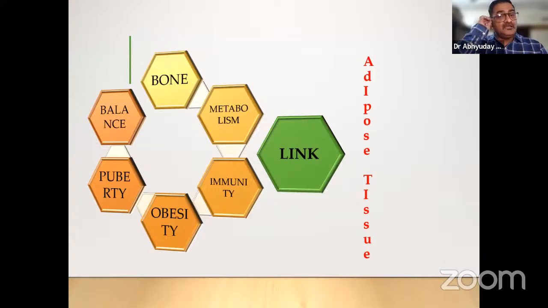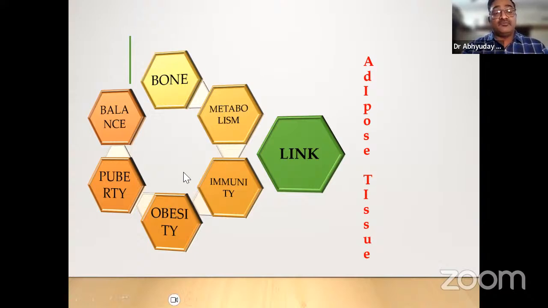So ultimately, what is adipose tissue? It is not only fat, it takes an important role in puberty, immunity, metabolism, and bone metabolism also. So adipose tissue is important. We have seen a lot of hormones are produced by adipose tissue, which are good and some are bad.